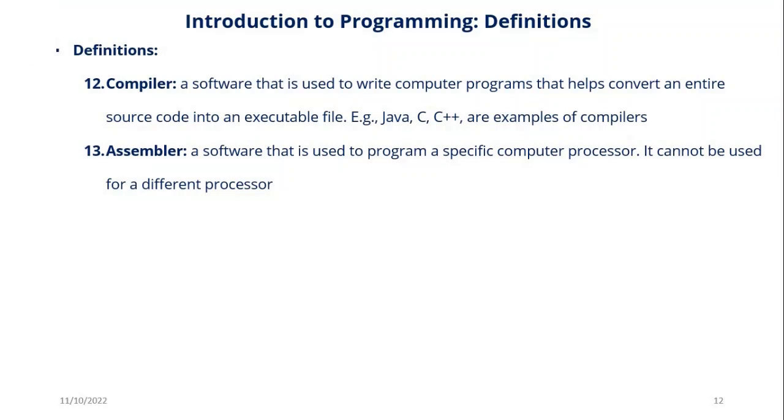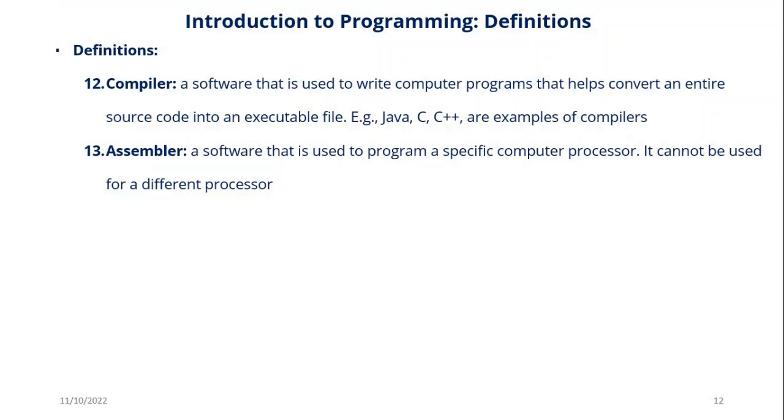So if you write an assembly language program for Intel Core i7, you can run it only on every laptop or computer that has an Intel Core i7 processor. You may not run it on an Intel Core i5 or Core i3 or any other processor for that matter.